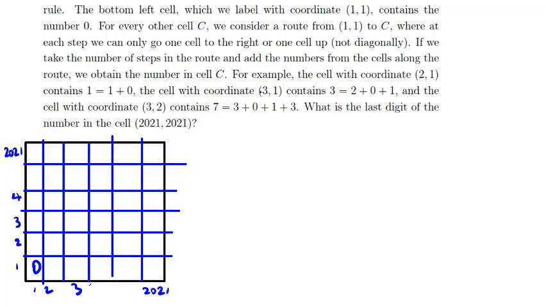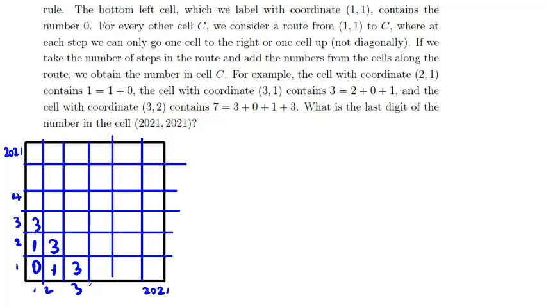For example, the cell with coordinate (2,1). If you want to reach it from the start, it is one step, and the cell on this route is 0, so the sum is 0 plus 1 step, which is 1. And the next one, (3,1). If you go this direction, 0 plus 1 is 1, and 2 steps, so you add all of them together and it will be 3.